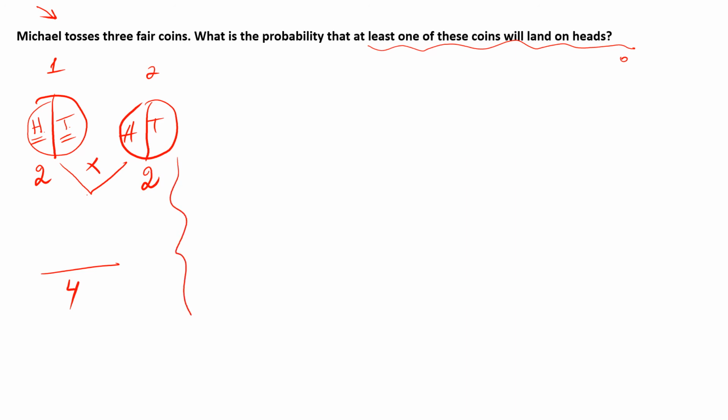Now understand over here, how can we find the probability? For example, the first coin could be head. So in the second coin, either you will get the head or you will get the tail. In the first coin, if you get the tail, then either in the second coin you will get the head or you will get the tail. So these are the 4 total outcomes for tossing the 2 coins.